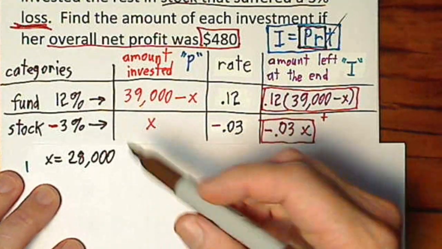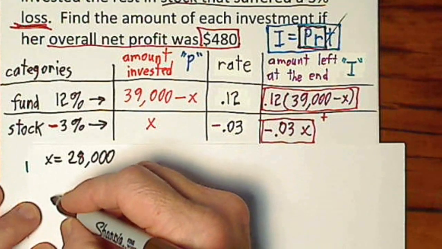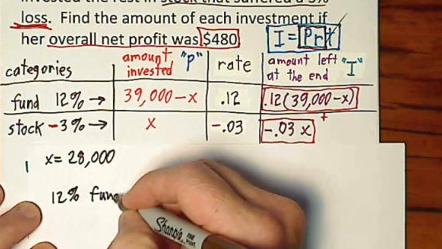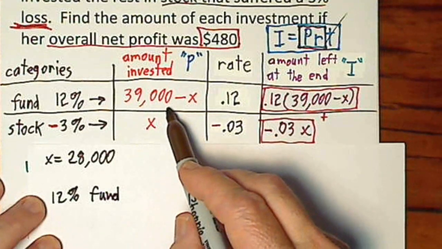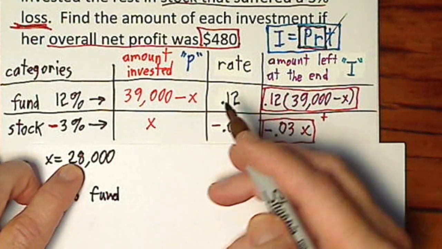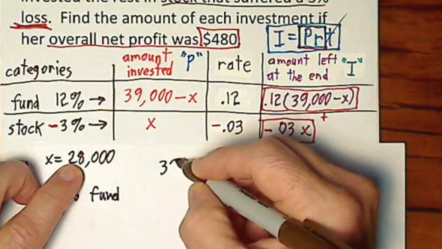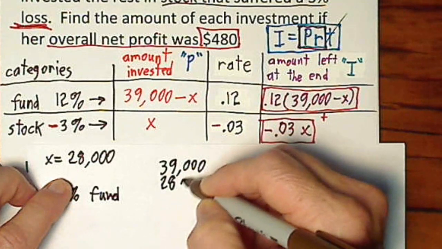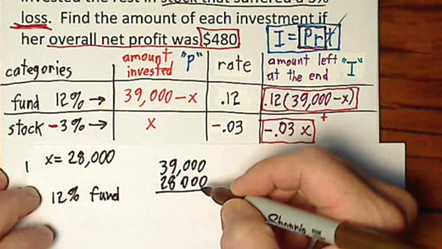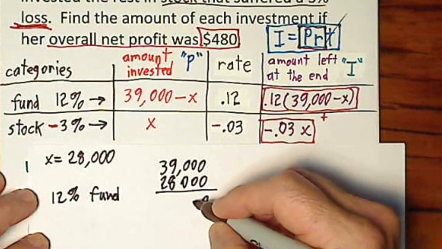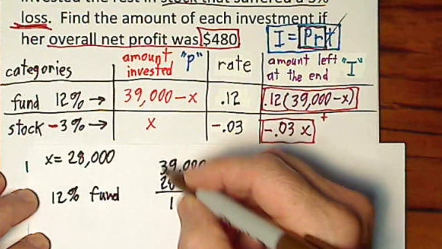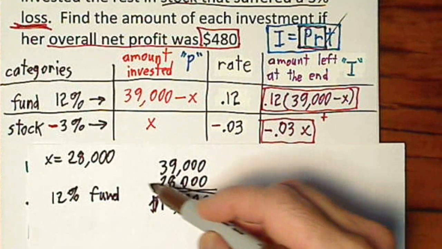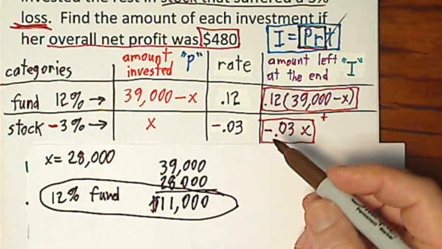All right. So for the 12% fund, it was 39,000 minus x, which is 28,000. So that's $39,000, and we'll have to subtract $28,000. She put 11,000 in there. All right.